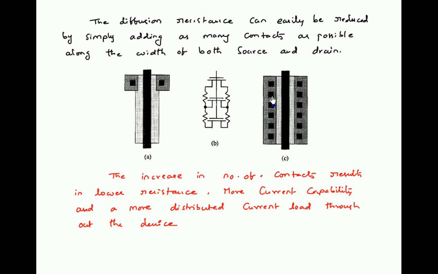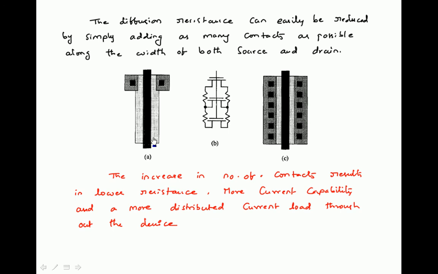If you increase the number of contacts, the distributed resistance is reduced, and the current capability increases since the resistance is reduced, with more distributed current throughout the device. You get equal current throughout the device because of these contacts.